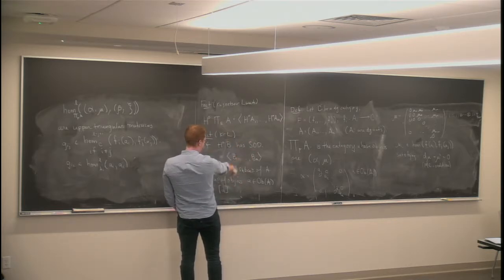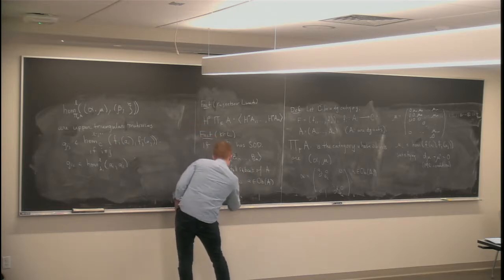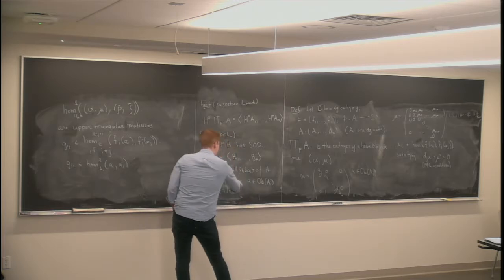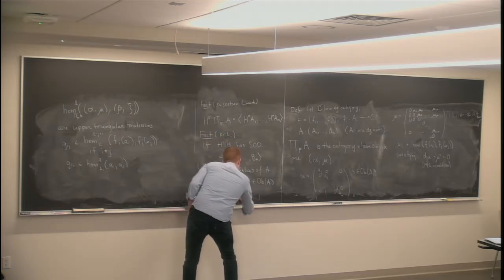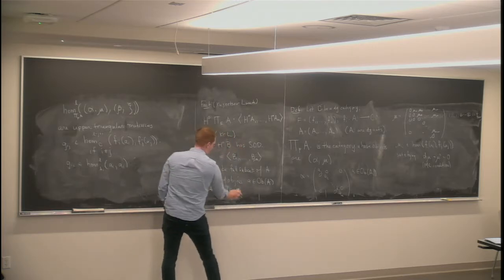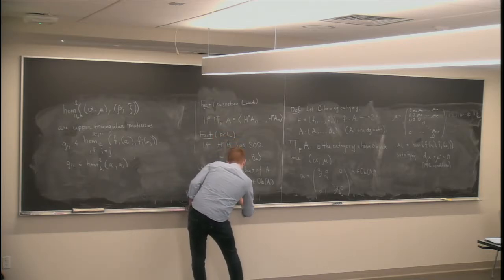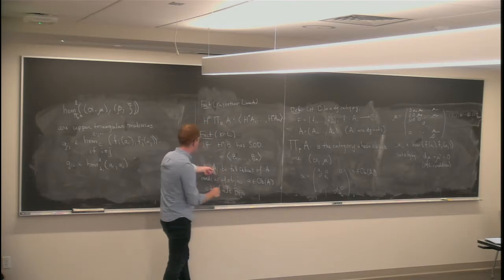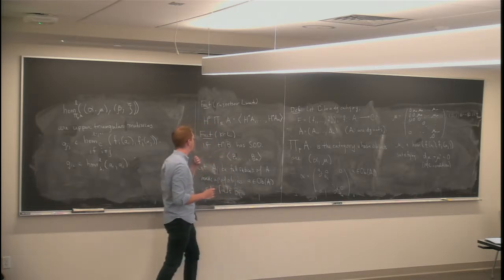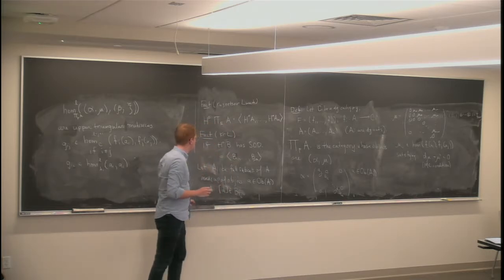The homotopy category has the same objects as the category, so this is just the corresponding object in H0 of A. So if this is actually in BI, this is going to be an object of AI. So AI is sort of the lift of BI to the category A.